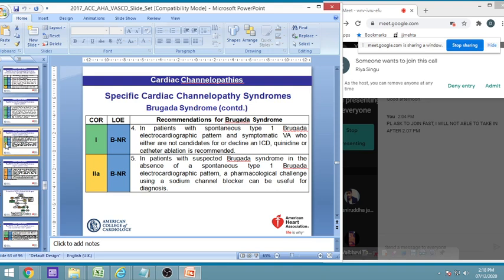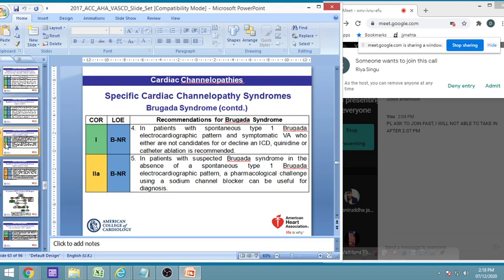Again in Brugada syndrome, for a symptomatic patient with a spontaneous type 1 Brugada ECG pattern who is not a candidate for, or declines, ICD and quinidine, catheter ablation is recommended.